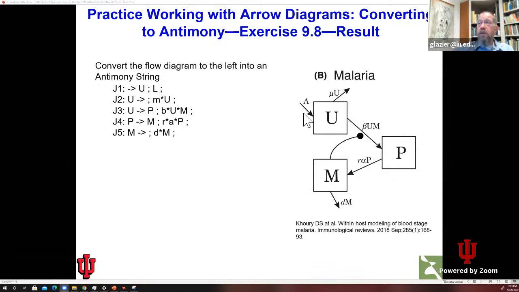Nothing goes to U at rate lambda L. U goes to nothing at rate mu times U. U goes to P at rate beta UM. P goes to M at rate RAP. M goes to nothing at rate DM. And this regulatory arrow doesn't generate anything. Is that what people got? Everybody got something similar to that?